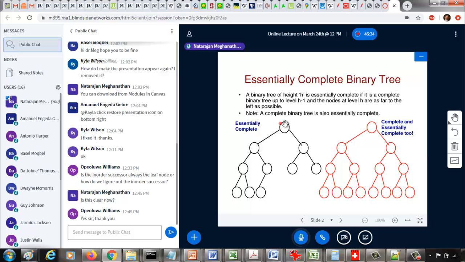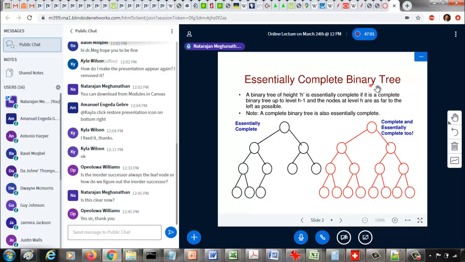So the binary tree is a complete binary tree up to that earlier level, h minus 1. If you just look at the binary tree only up to this level, don't consider these 3 nodes in the last level, just consider the nodes up to level h minus 1, it is a complete binary tree, right? So that is one part of the rule.